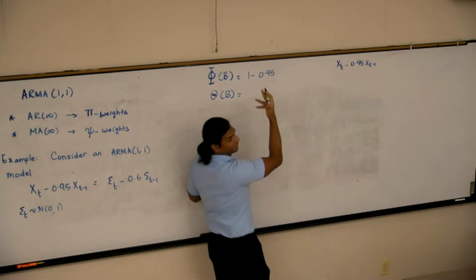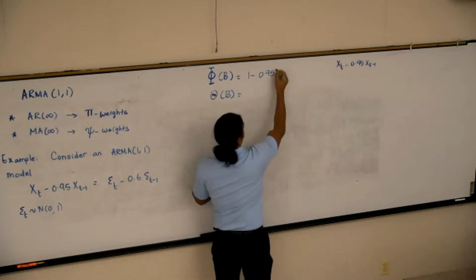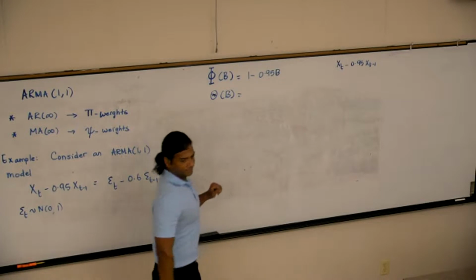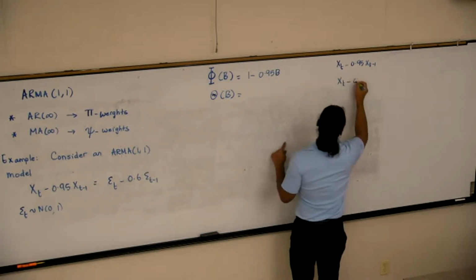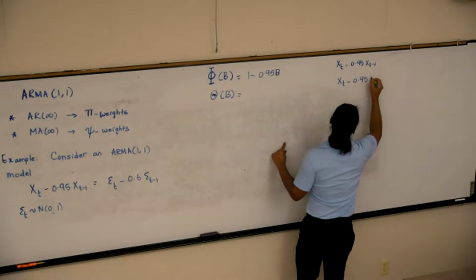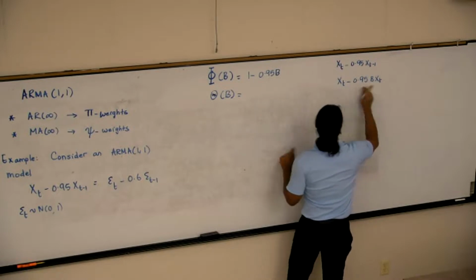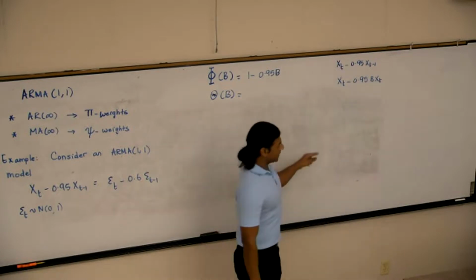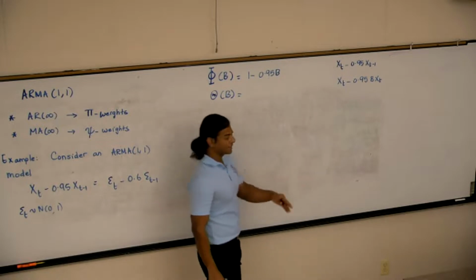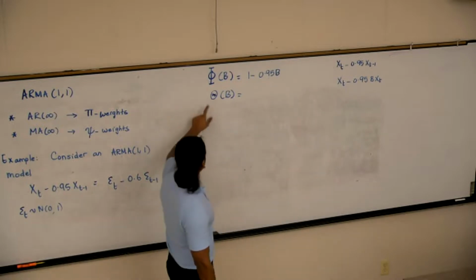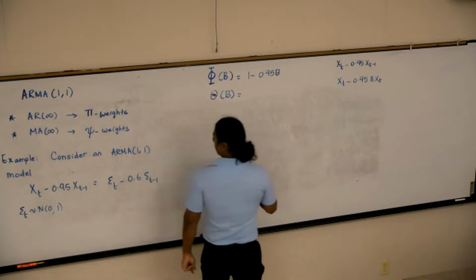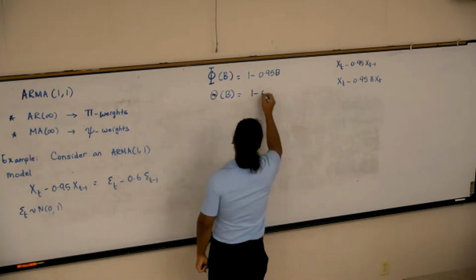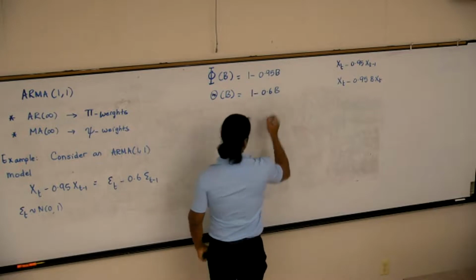Where is the B? Oh, it's just 1 minus 0.95B. Right. All I'm doing here is applying the backshift operator B times Xt, and when I do that, it'll simply become Xt minus 1. And theta of B is 1 minus 0.6B.